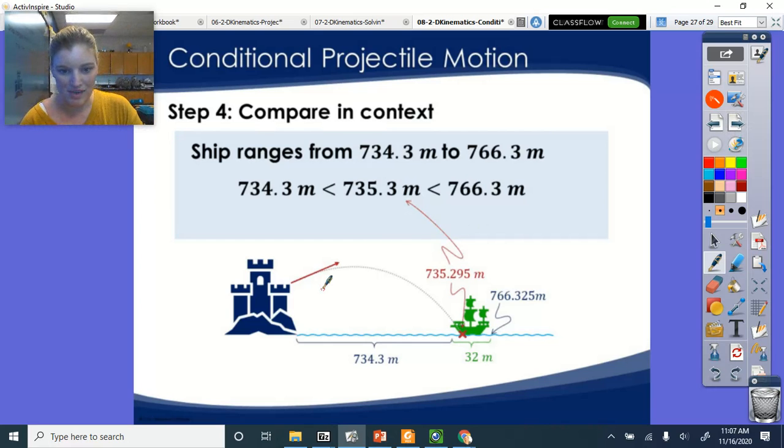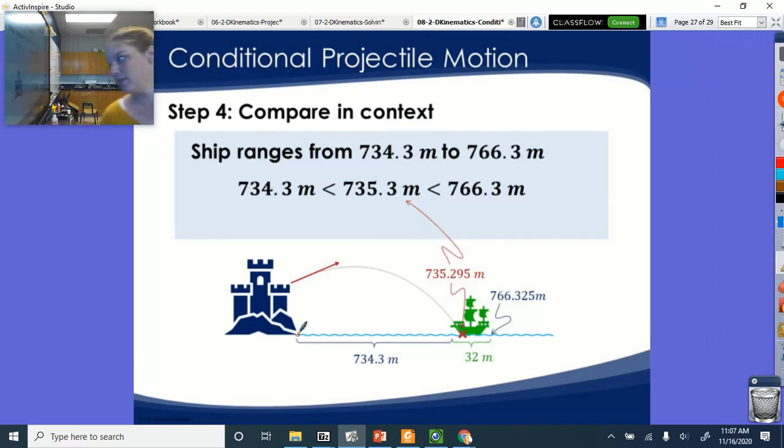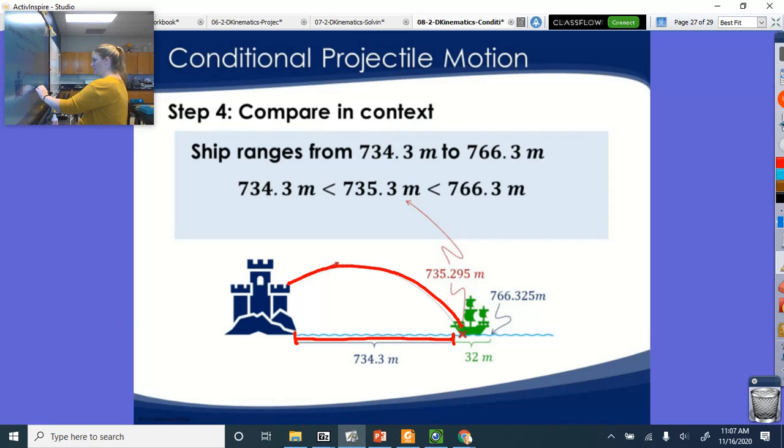So I'm 734.3 meters out from the fortress to the front of my ship. My cannonball went 735.3 essentially into my 32-meter ship.